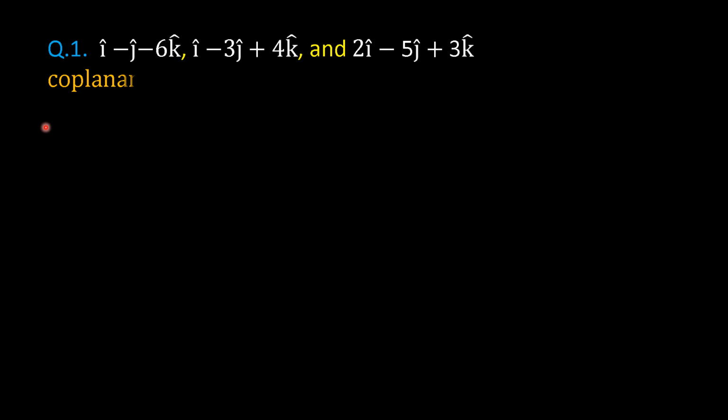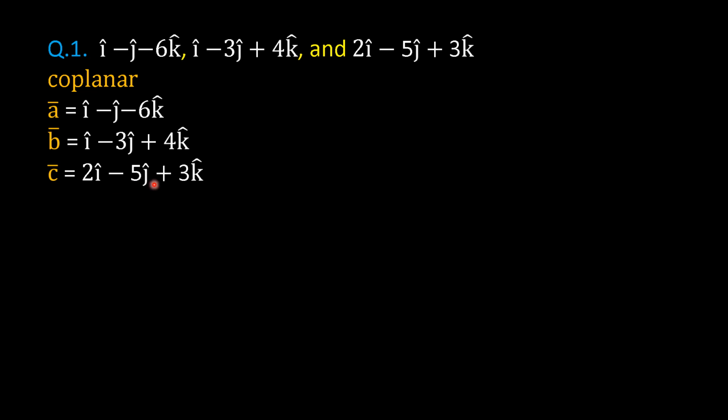In the first question, we have to show that vectors i minus j minus 6k, i minus 3j plus 4k and 2i minus 5j plus 3k are coplanar vectors. First, we will name these vectors. We will call A bar i minus j minus 6k, B bar i minus 3j plus 4k, C bar 2i minus 5j plus 3k.